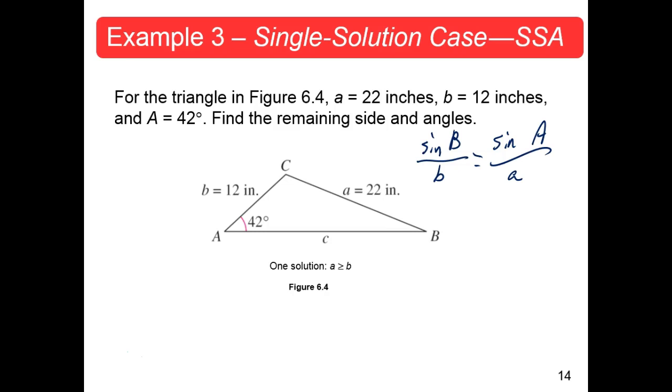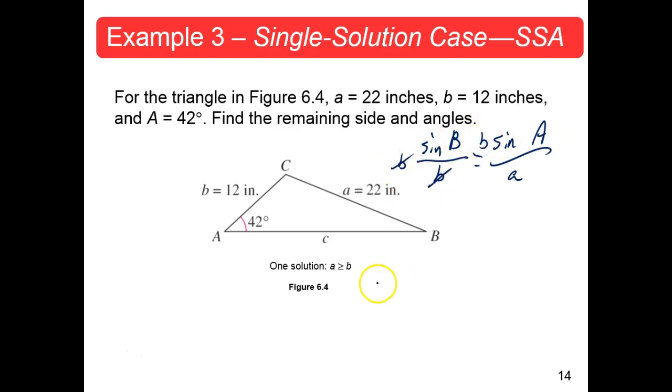So how do we proceed? Multiply both sides by small b. That looks like a good idea.